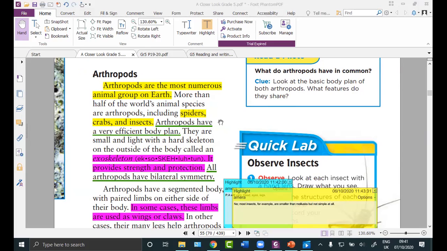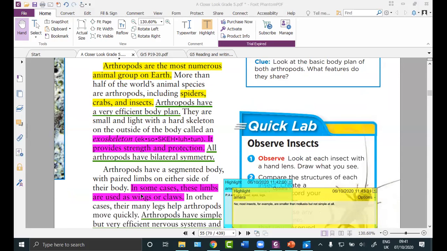It provides both strength and protection. All arthropods have bilateral symmetry.